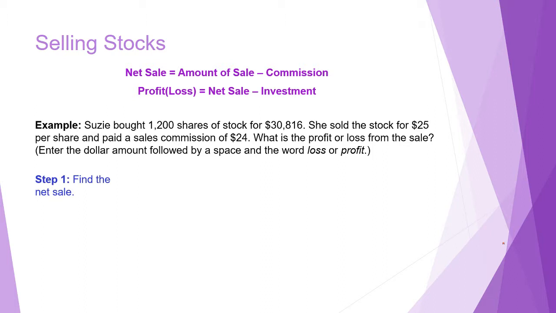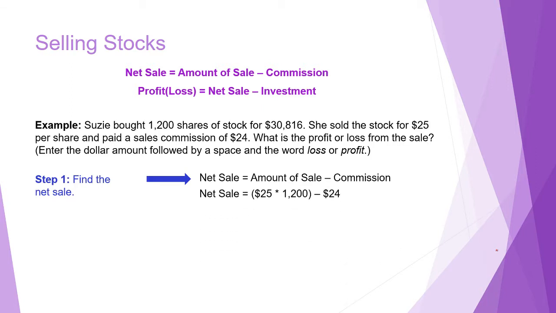So we're going to find the net sale: take the amount of sale and subtract the commission from that. Amount of sale is just multiplying the cost per share with the number of shares. So Susie sold at $25 per share and she sold all 1,200 shares.